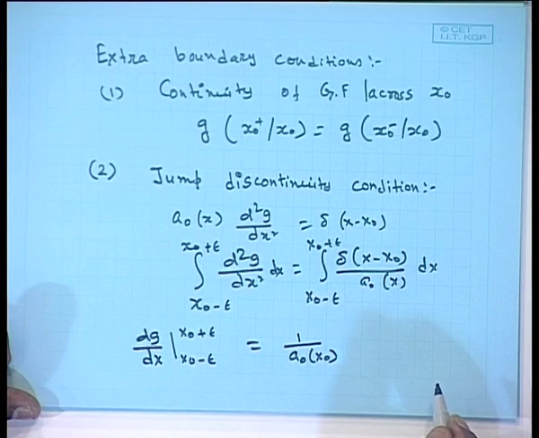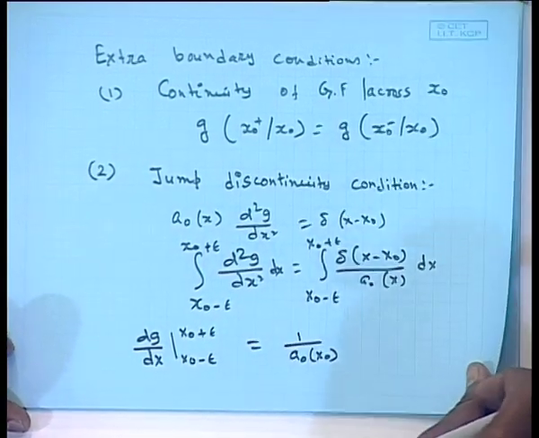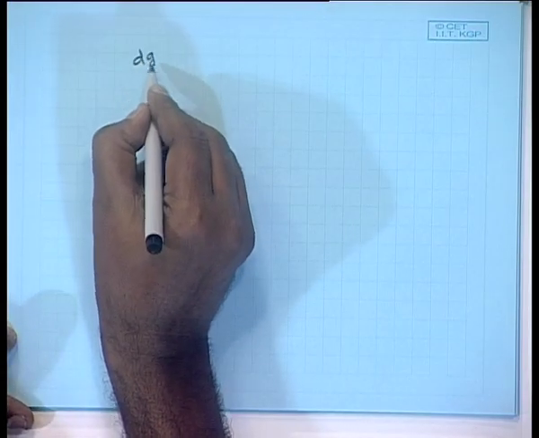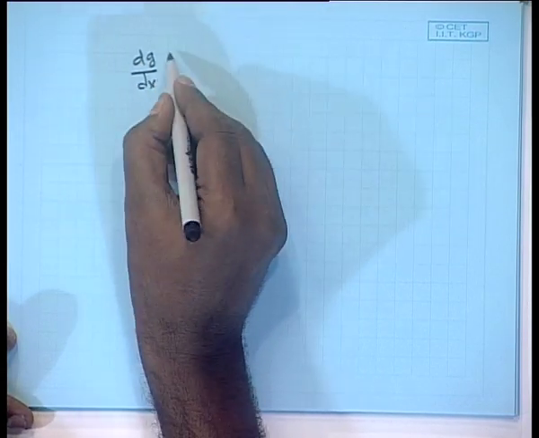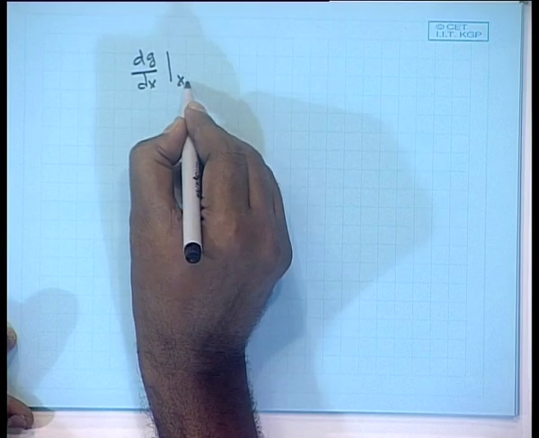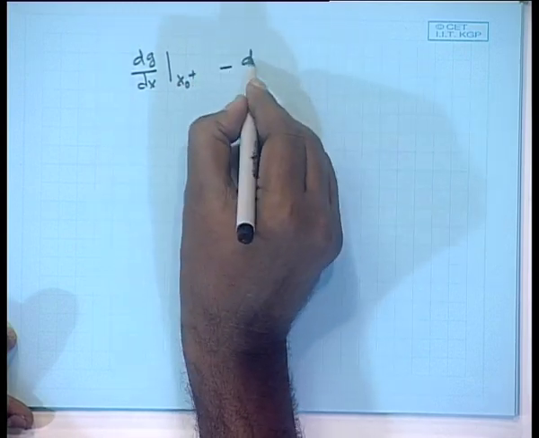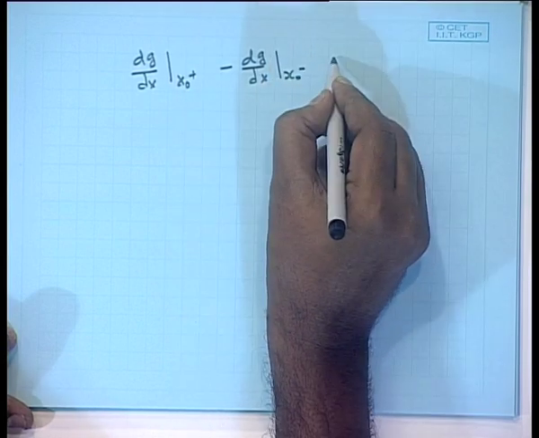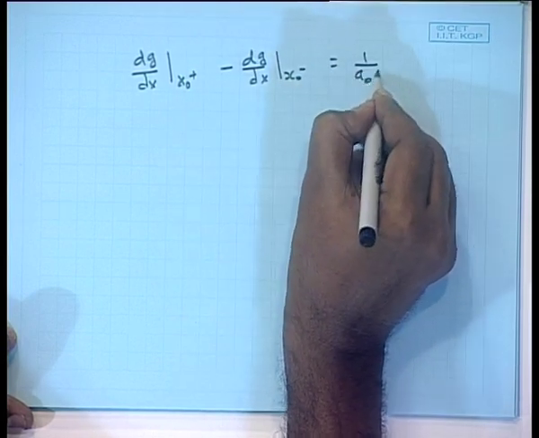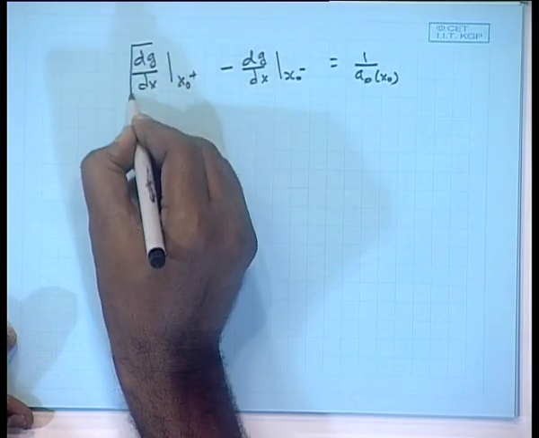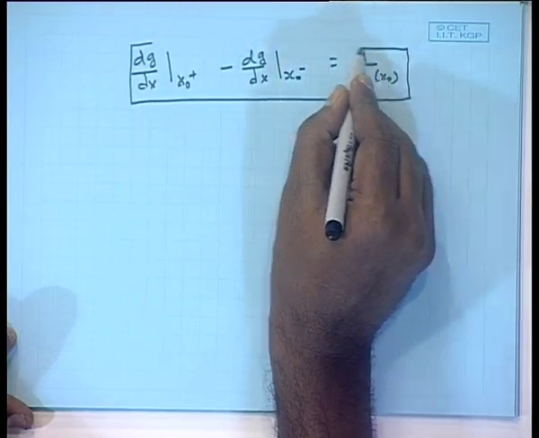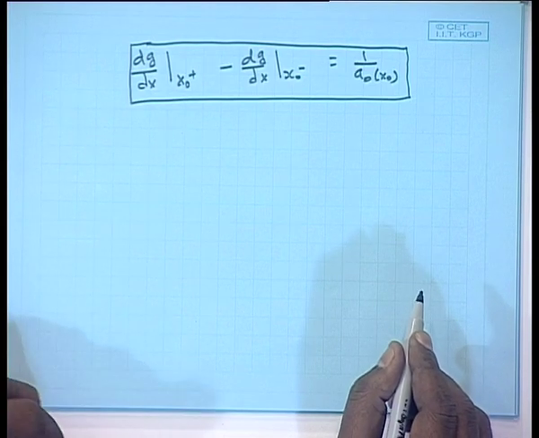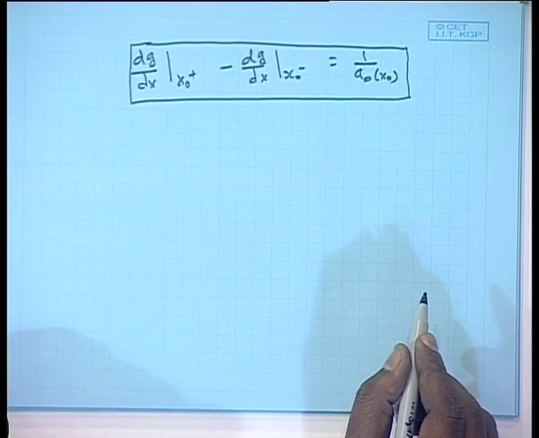Now, putting the limits, you will be getting dg dx evaluated at x0 plus minus dg dx evaluated at x0 minus is equal to 1 over a0 x naught. This condition is known as the jump discontinuity condition across x naught of Green's function.